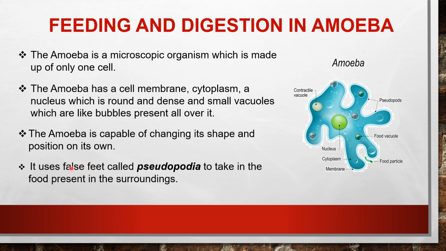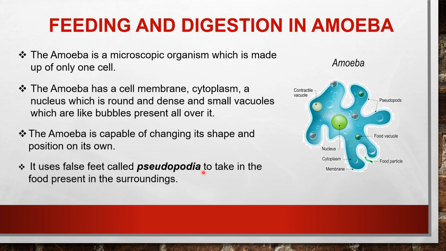And the last important point, it uses false feet called pseudopodia. How is it pronounced? Pseudopodia. Spelling is pseudopodia, but this P is silent and we pronounce it as pseudopodia.